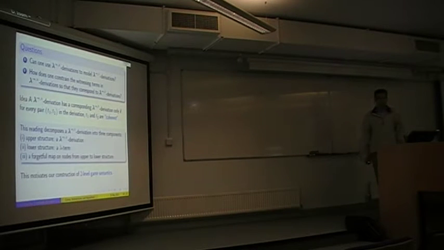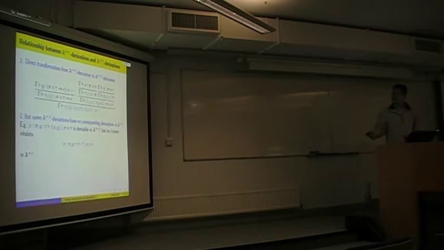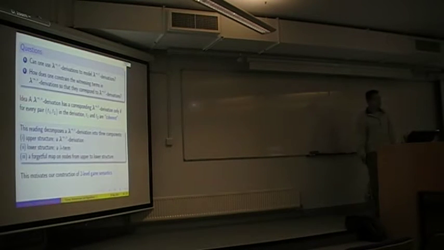Here is one idea. A product derivation has a corresponding intersection derivation only if for every pairing construct in the derivation, the two component terms must be coherent in a certain way. So our investigation suggests the following reading.